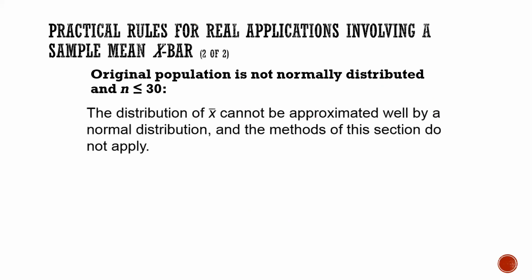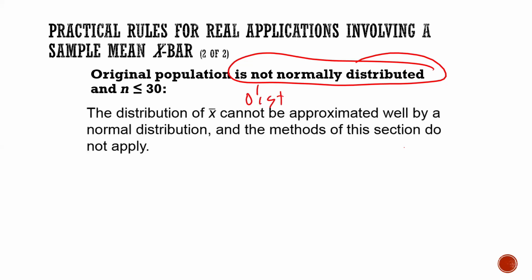However, if the original population is not normally distributed, or the distribution is unknown, and n is less than or equal to 30, we don't know if it's well enough approximated by a normal distribution, and we just can't necessarily do anything with it.